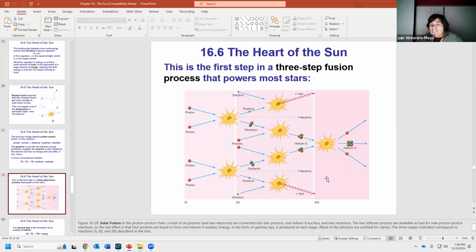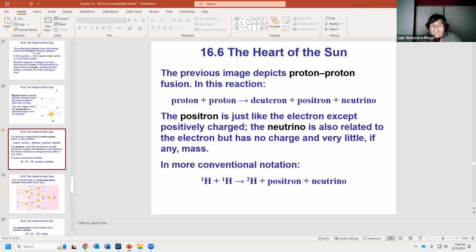That's how we can detect solar neutrinos, right? These are very hard to detect, by the way. Detectors for solar neutrinos are normally found underground, okay? So going back to this, hydrogen 1 plus hydrogen 1 gives you deuterium plus a positron plus a neutrino. This positron is antimatter. Antimatter with matter, what does it give you? Energy.